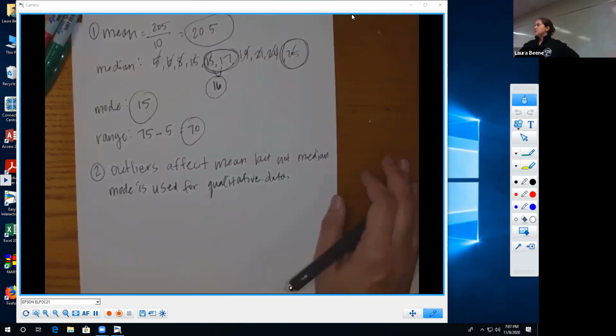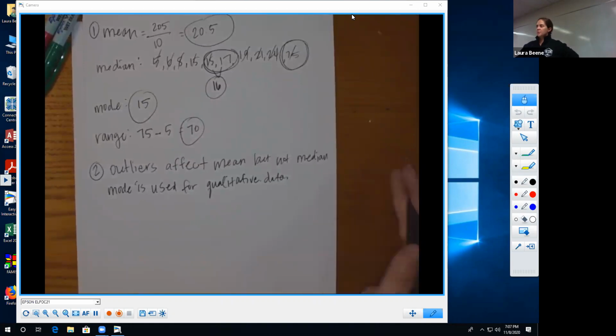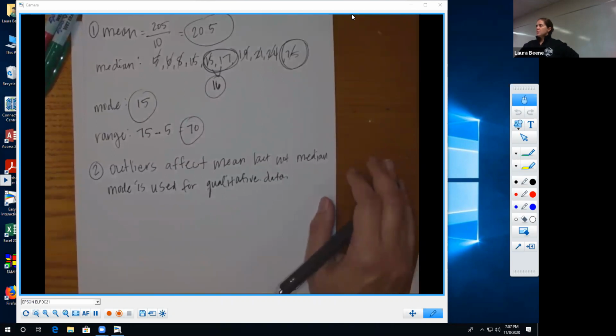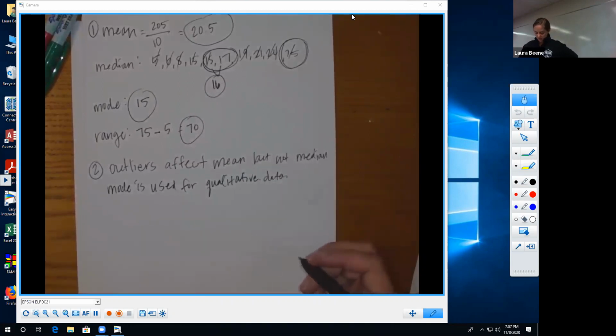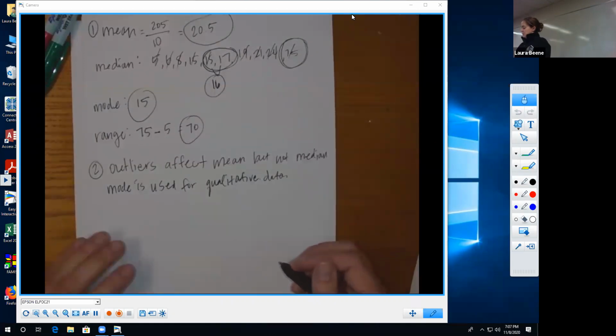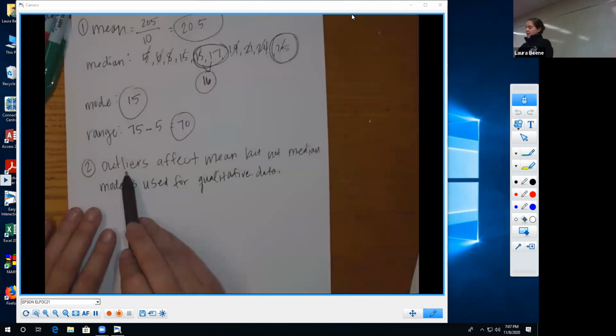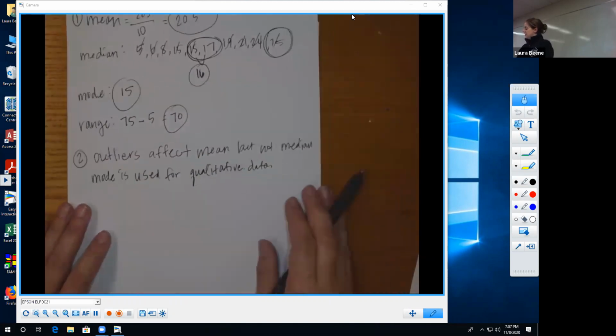Or I think the other example you used was if you were grading a multiple choice test, and a lot of people miss problem number 4, and you want to know what answer was chosen the most. Like it would be A, B, C, or D. You'd use the mode for that also. You wouldn't find the average answer there. So that's 2. It's just mainly talking about outliers and when you would use the mode.